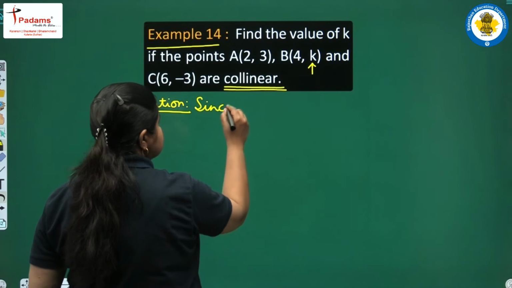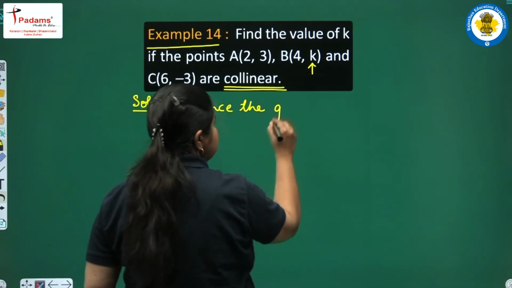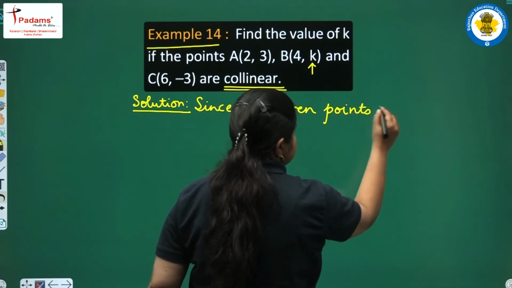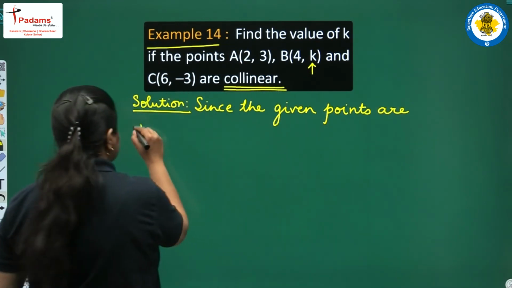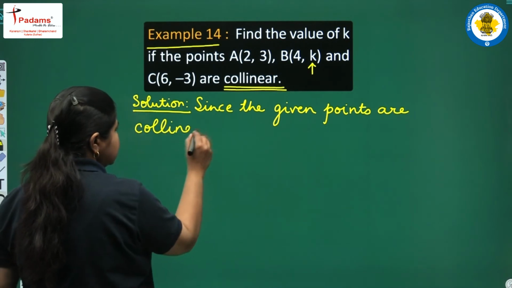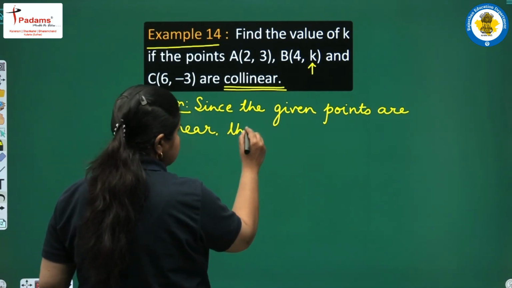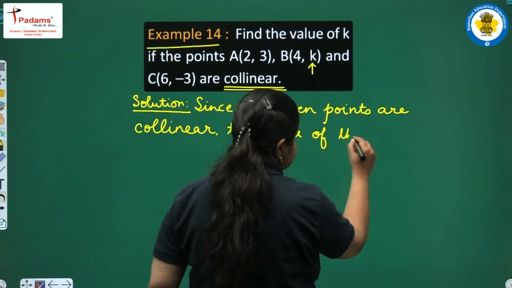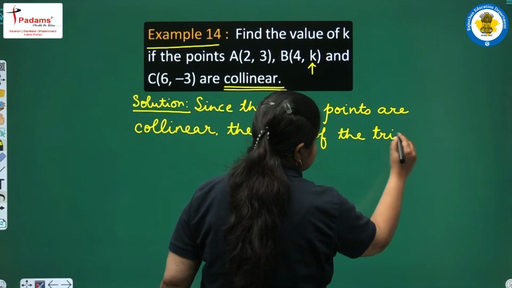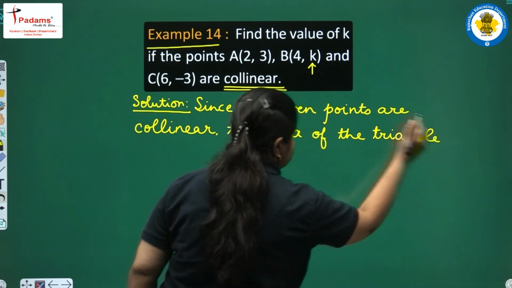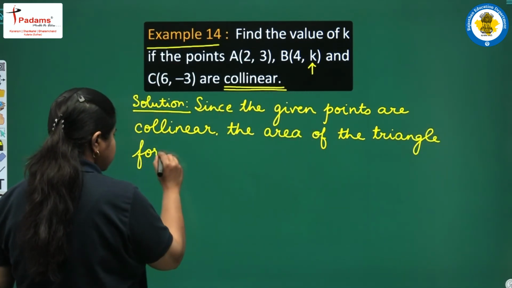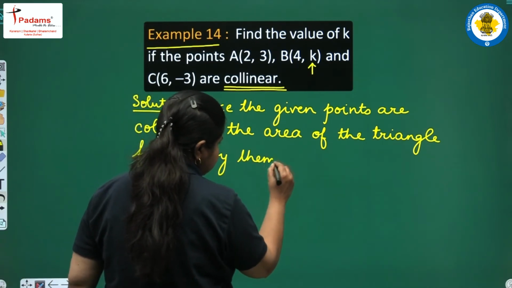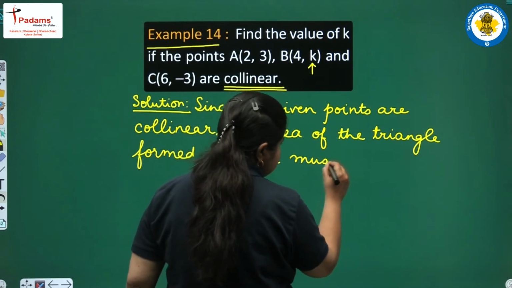सिंस द गिवन पॉइंट्स आर कॉलिनियर, the area of the triangle formed by them must be 0.